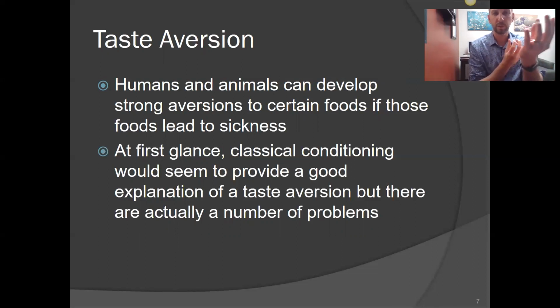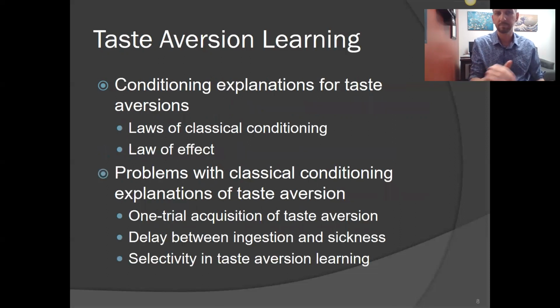Now you've paired up the food with the virus, and so all the conditions of the food, the taste, smell, just the sight, all of those get associated with the virus, and therefore you have the nauseous reaction. Okay, so at first glance it seems like a good explanation, but it doesn't really pan out so well.